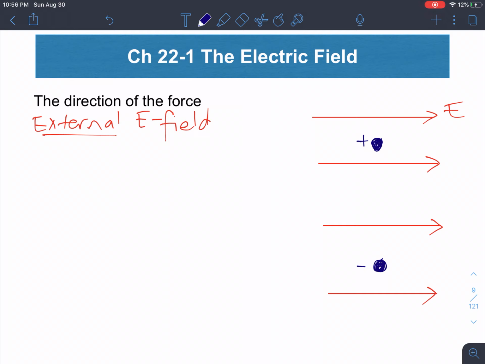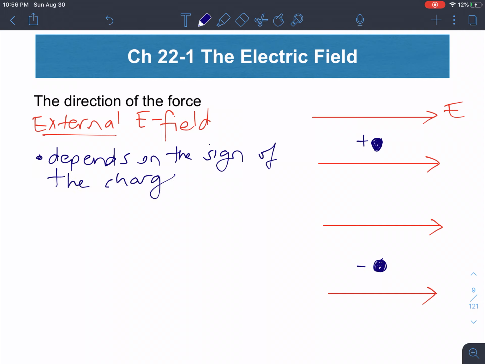So the direction of the force depends on the sign of the charge. I'm just trying to explain that an electric field could be external or internal, but this electric field given is external.